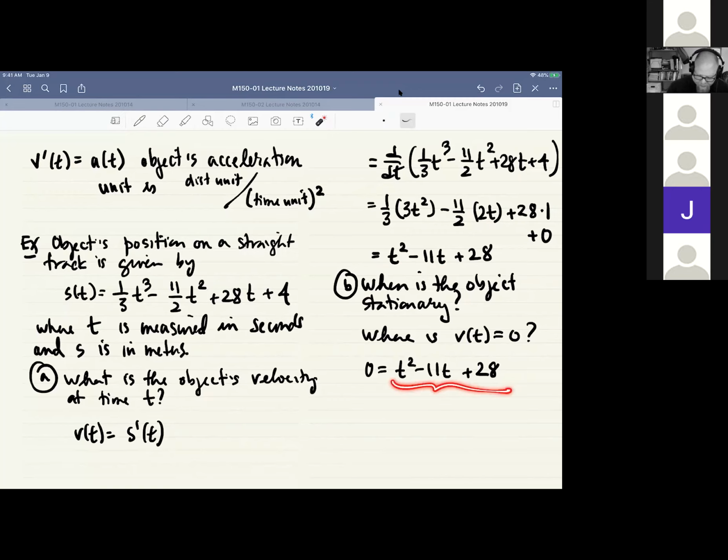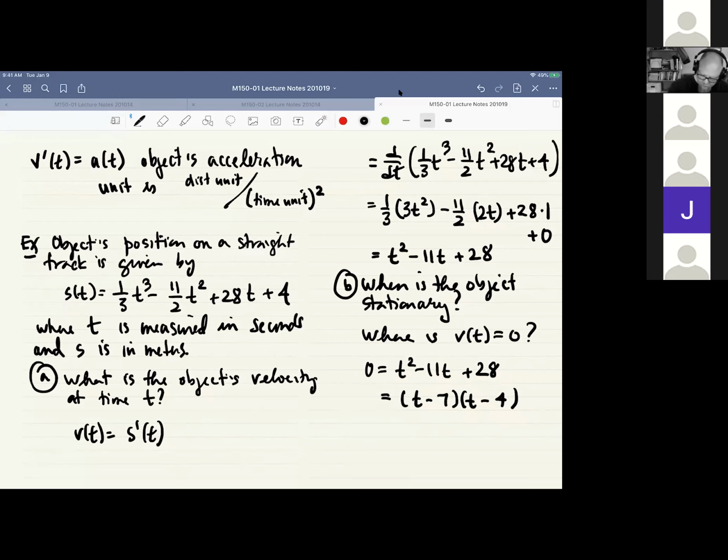That's perfectly legitimate. But you could also see that 28 factors into 7 times 4, and 11 is 7 plus 4. And so that suggests that the polynomial can be factored in that way. And you have to just be careful that the signs you choose here give you the proper signs there. So that's the factorization of that.